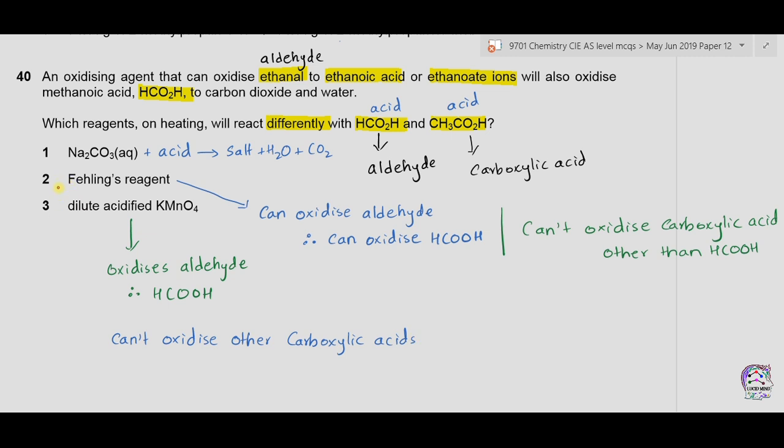So therefore 2 and 3 will react differently with both HCO2H and CH3CO2H. So therefore 2 and 3 are correct. So option C is the correct answer.